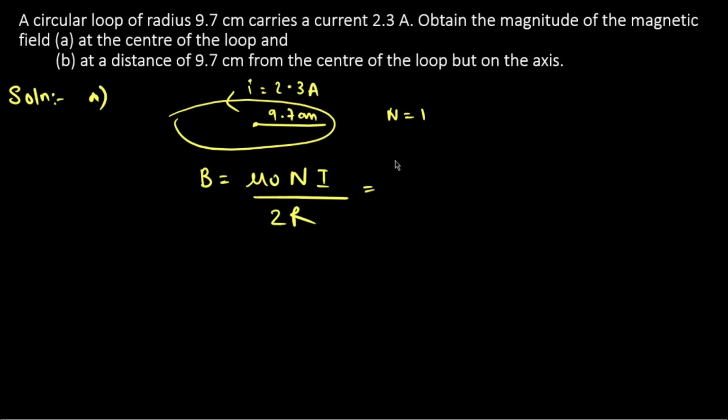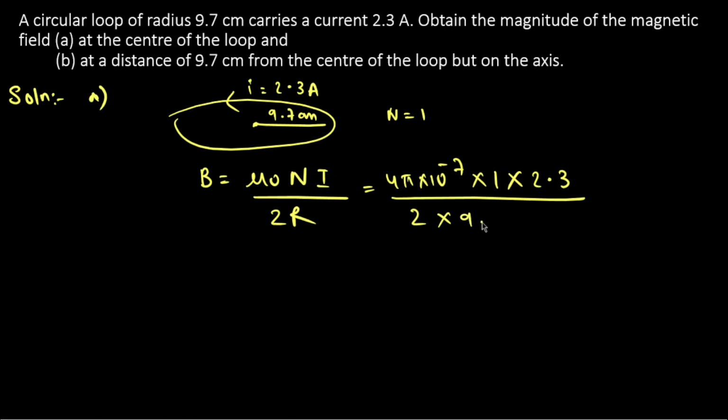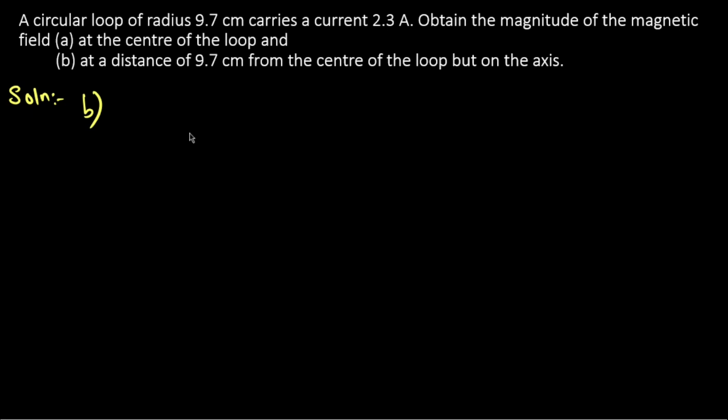Since n is 1 and putting all the other values, we get 4 pi into 10 raised to minus 7 into 1 into current is 2.3 ampere divided by 2 into radius, that is 9.7 centimeters, so 9.7 into 10 raised to minus 2 meters. And solving this we get magnetic field at the center of the loop to be 1.49 into 10 raised to minus 5.